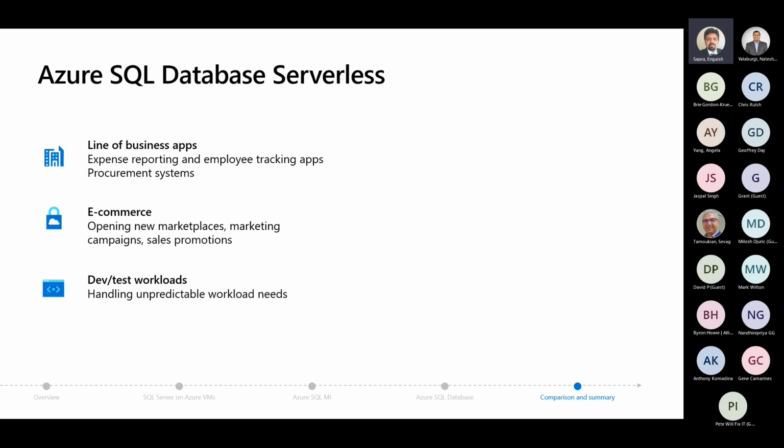Essentially, wherever we start talking about serverless, it's mainly from a usage pattern. If there's no predictable usage pattern, then serverless makes sense and should be explored. It is also well suited for new applications with compute sizing uncertainty or workloads which require frequent rescaling in order to reduce costs.